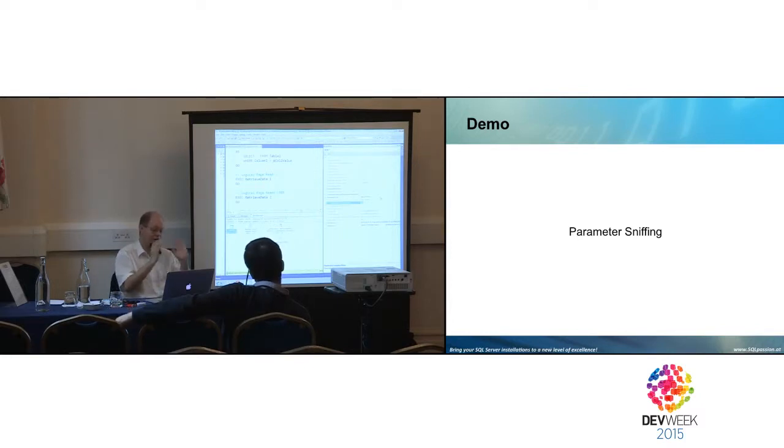Means when you have in that specific column an uneven data distribution, in combination with a bookmark lookup, you introduce a huge amount of different problems. Make sense?